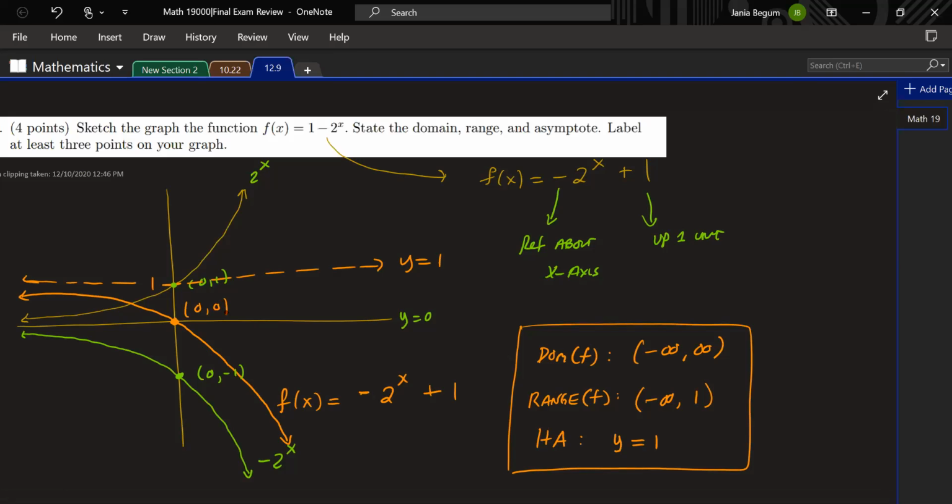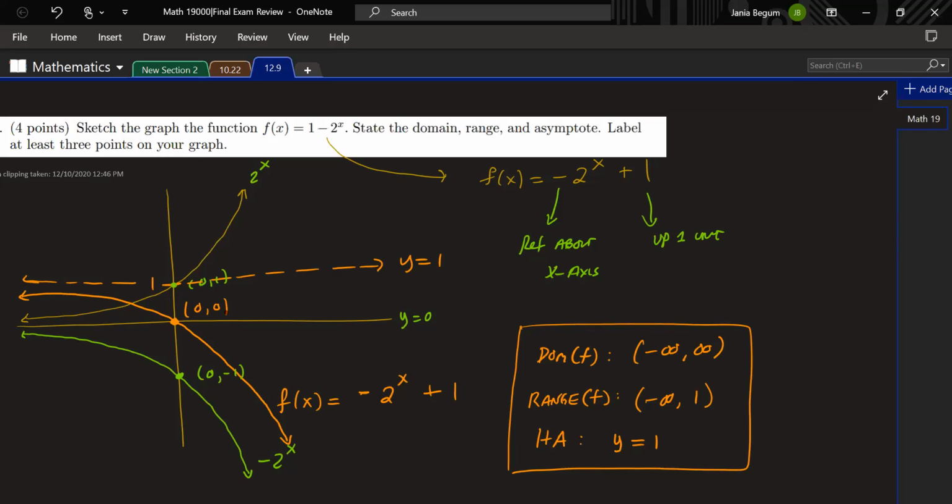If you want to label more points, you just pick some x values and plug them in, right? So since the domain is all real numbers, I'm free to pick any x value I want. So I'm going to pick nice ones. I'm going to pick x equal 1. So if x is equal to 1, plug in 1 into the equation.